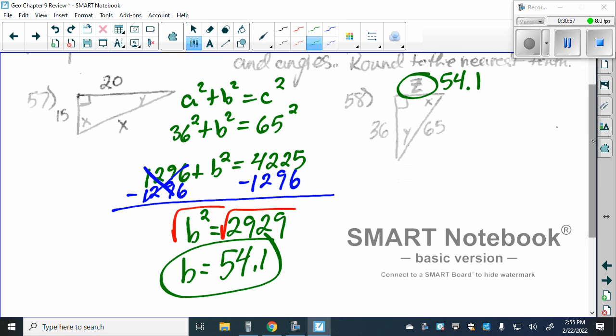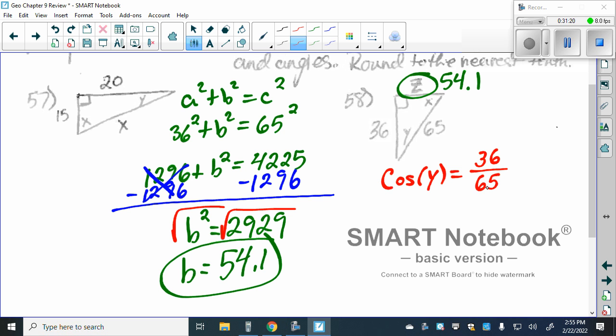So we can use sine, cosine, or tangent. It doesn't matter which one we use. So we can say cosine of y. I like using this one here specifically. I would either use sine of x or cosine of y, because cosine of y is going to be adjacent over the hypotenuse.